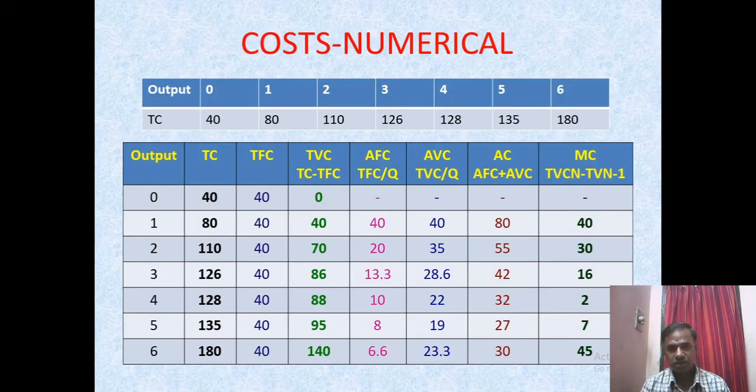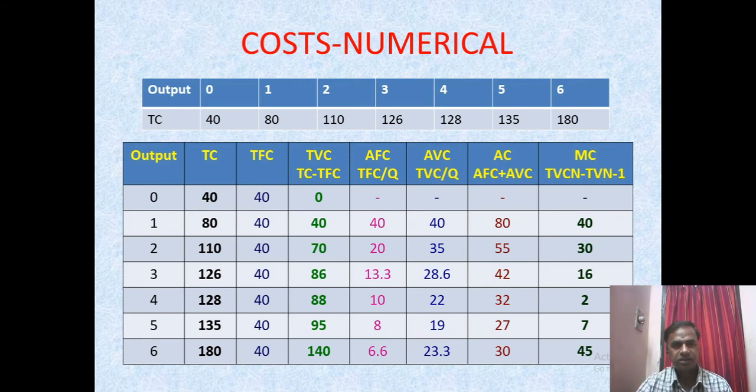Then some numerical questions. You see here, output is given, TC is given. You are asked to calculate TFC, TVC, AFC, AVC, AC and MC. At zero level of output, whatever the TC, that is equal to TFC.